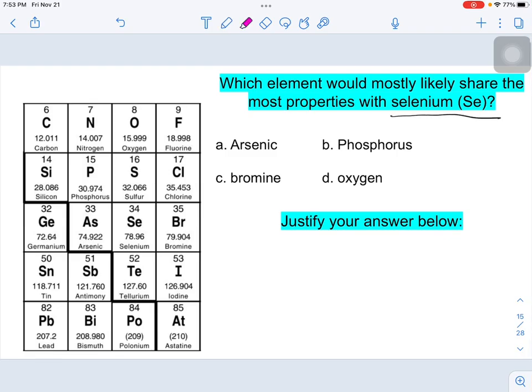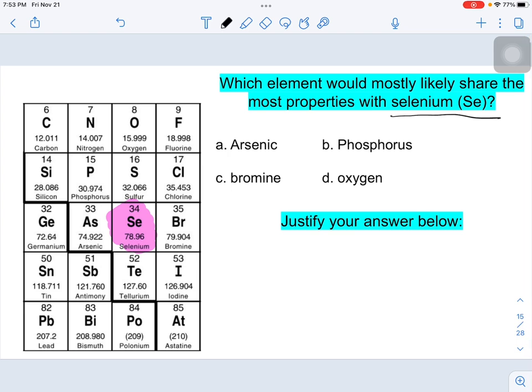So the first thing I want to do is, let's go ahead and highlight selenium. I just highlighted it in pink. It's atomic number 34. And then we need to ask ourselves, which element would most likely share the most properties with selenium?